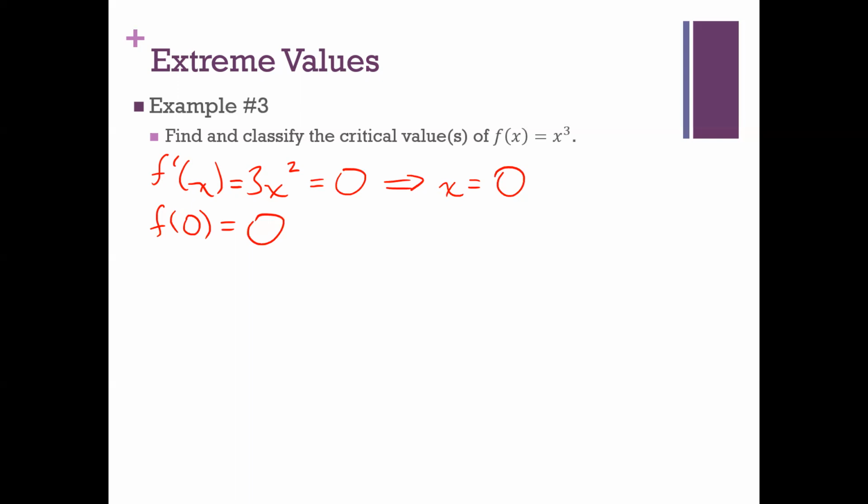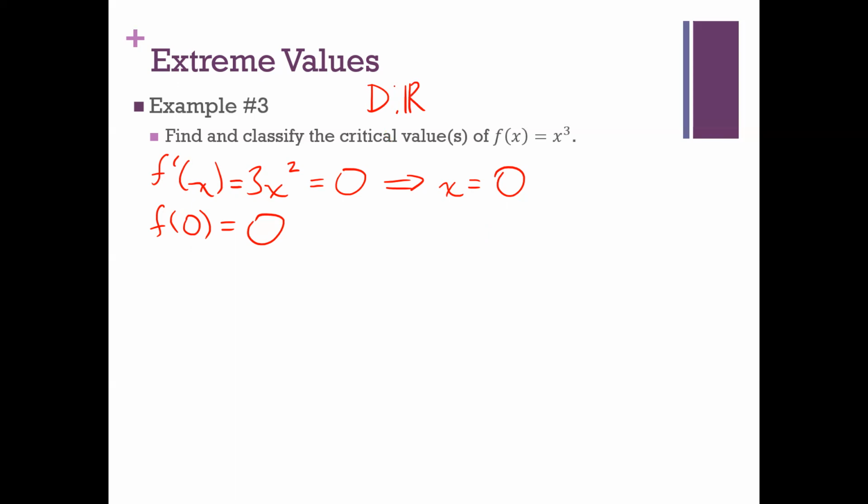I'm going to say the domain is, in this case, all real numbers. By the way, do I need to tell you the domain for critical points? No, domain just has to do with the derivative. So all I really need to do is look at the derivative.